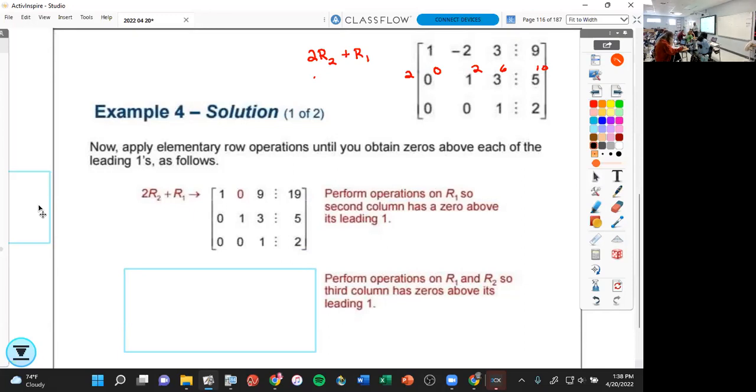Let's get rid of that 9. Okay, let's see what happens there. Yeah, if I multiplied this by -3, would it turn that into a 0? Yeah, yay! But that's not going to be a 0 anymore. Boo. Can't do that. You can, but it doesn't accomplish anything. Any other ideas?